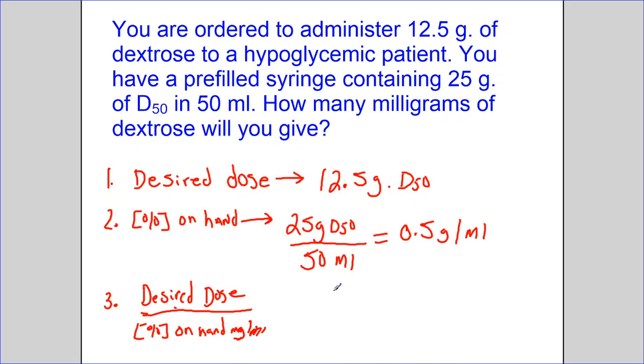The desired dose here is 12.5 grams of D50, and we have 0.5 grams per milliliter. Let's do the math. 12.5 divided by 0.5 equals 25 mLs.